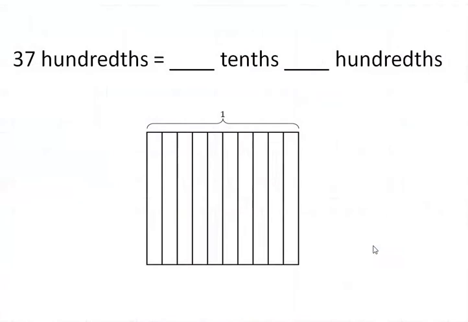So now I have an example with 37 hundredths, and I want to see how many tenths and how many hundredths I can break it into. So if I look at my diagram here, I learned that 1/10 is equal to 10 hundredths. So I know that's 10 smaller pieces, 20, 30.